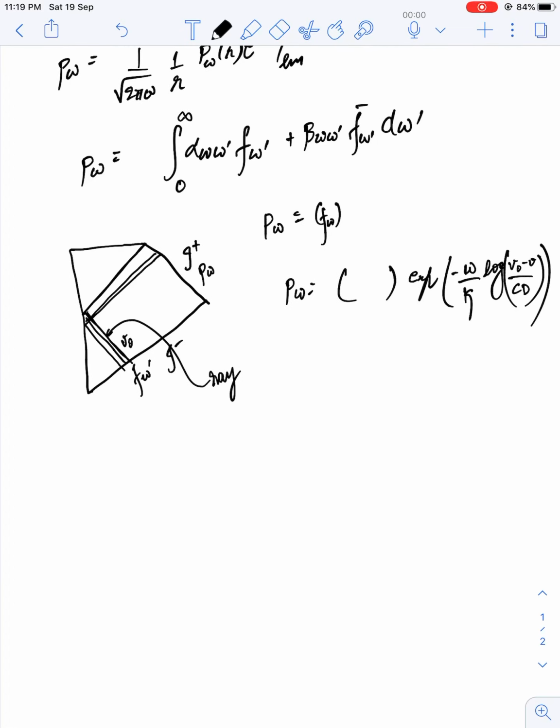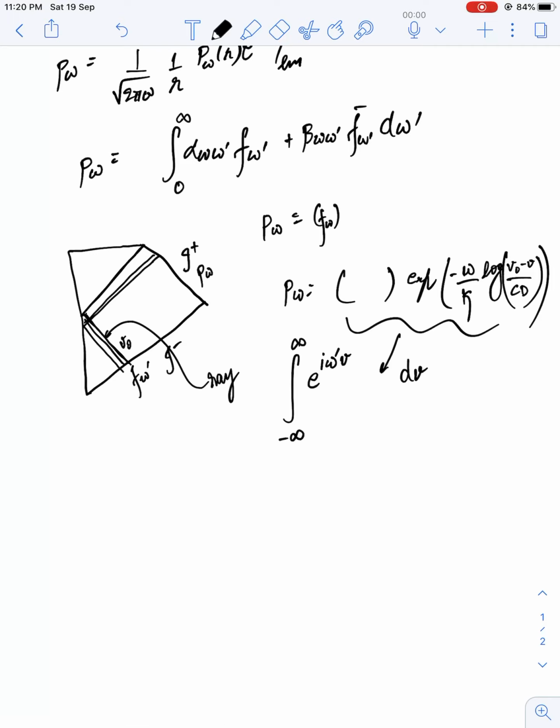Now it's just that we have to take a Fourier transform of this function and integrate it from minus infinity to infinity dv. But the problem here is that this function is 0 for v greater than v naught, so we have to just integrate it up to v naught.